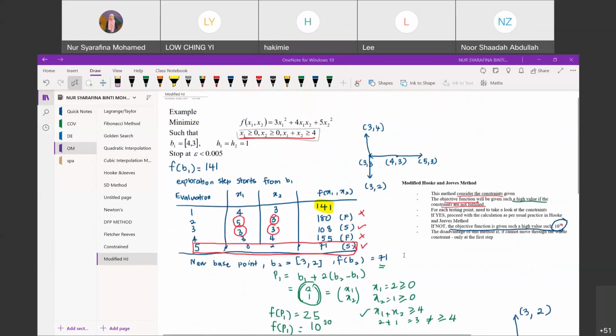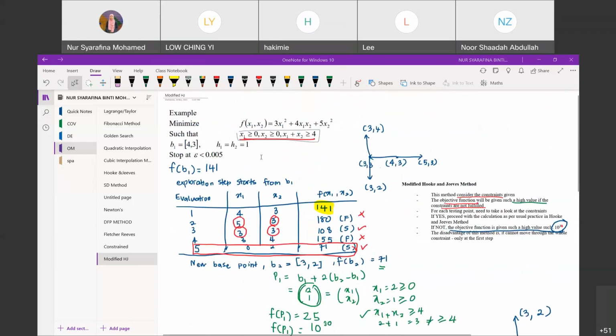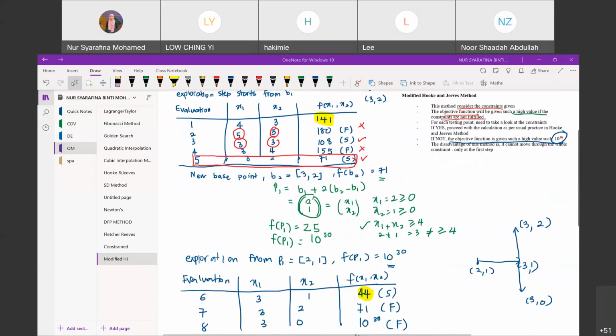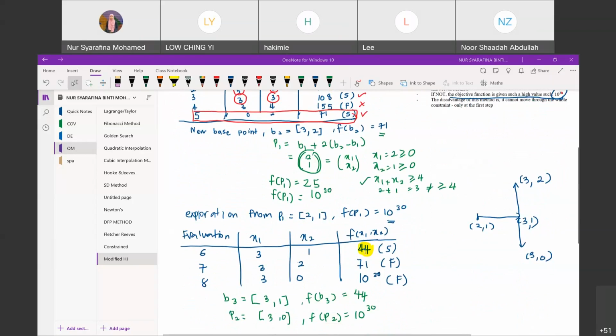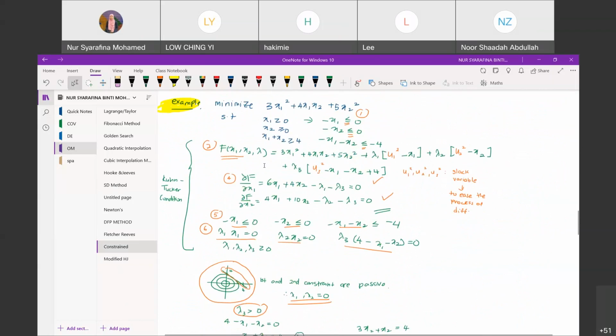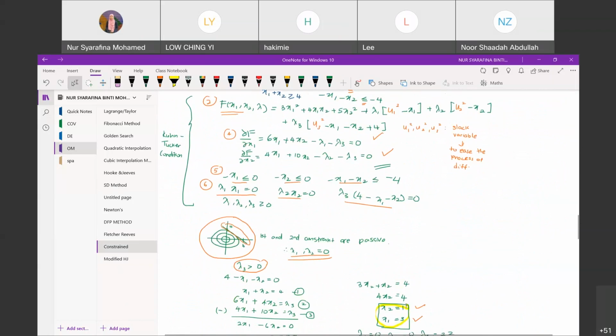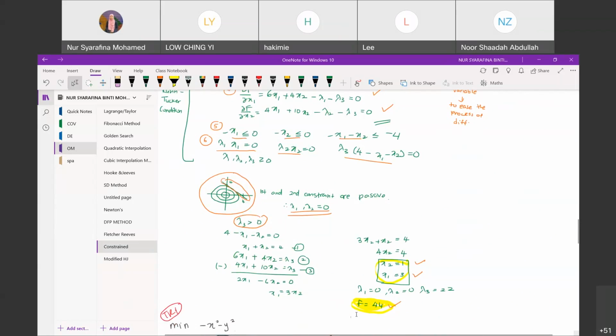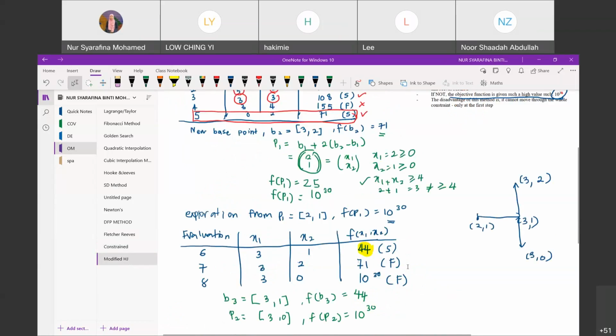Okay, so for this example, the minimum point occurred here, 44, for x1 equals 3, x2 equals 1, because this is the same example that we did previously using the Kuhn-Tucker method. By the Kuhn-Tucker method, we have x1 and x2, and f equals 44. So for this modified Hooke and Jeeves, of course, it will have the same minimum point.